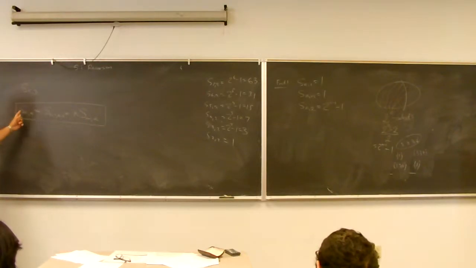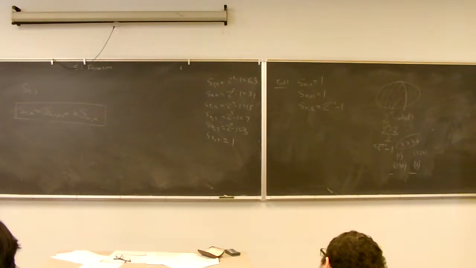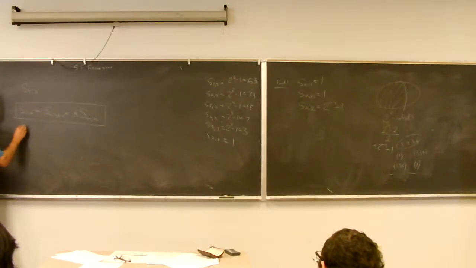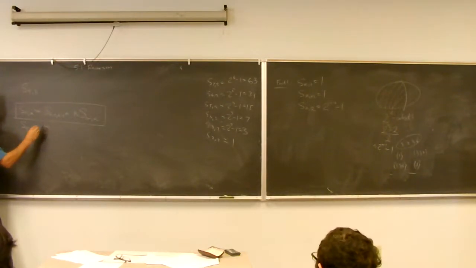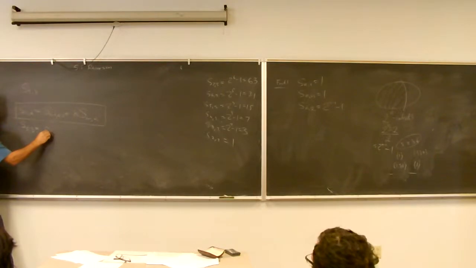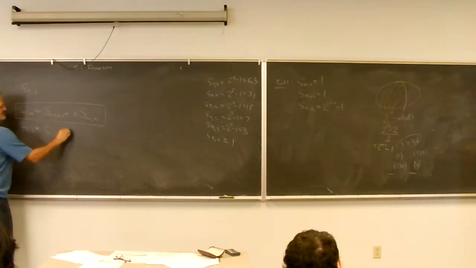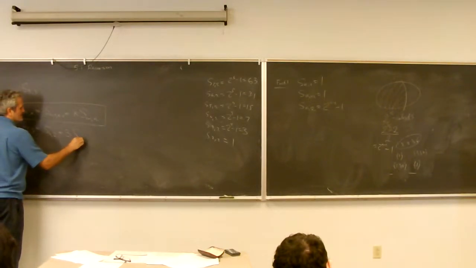And then, let me go here. Okay, S(5,3) is okay. So let me see. S(5,3), the recursion says what? Reduce both, so what would that be? S(4,2) plus 3 times S(4,3).